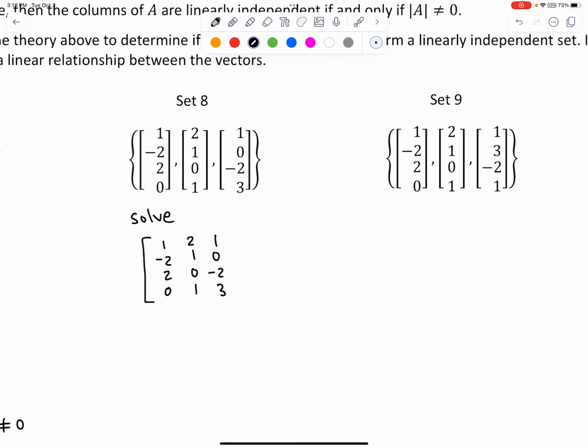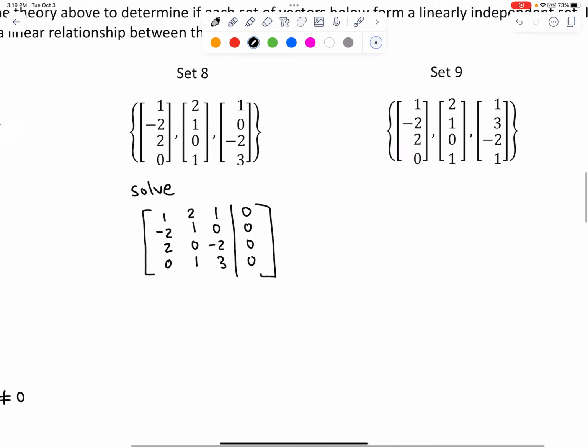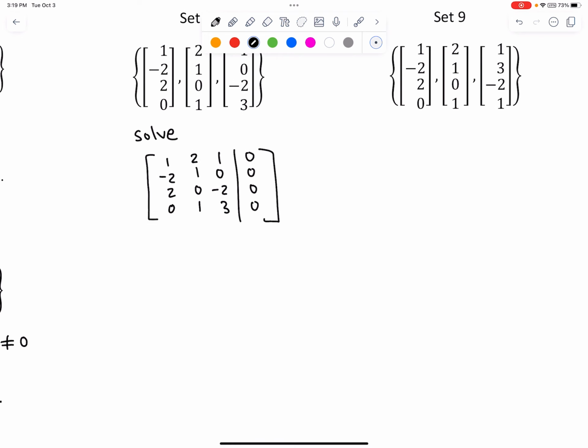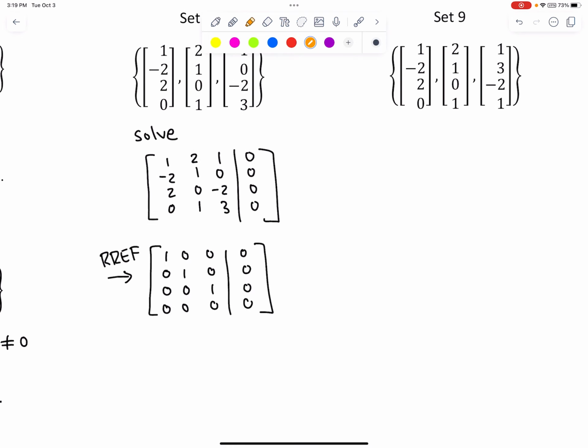Here's the coefficient matrix, which is just the 3 vectors. Then we'll multiply that by some vector C1, C2, C3 to get the vector 0, 0, 0, 0, forming my augmented matrix. Now I'll use technology to put this in reduced row echelon form, and then examine where the pivots are.